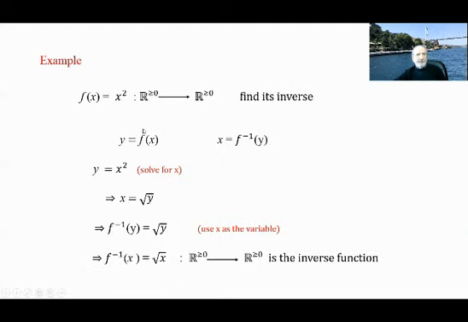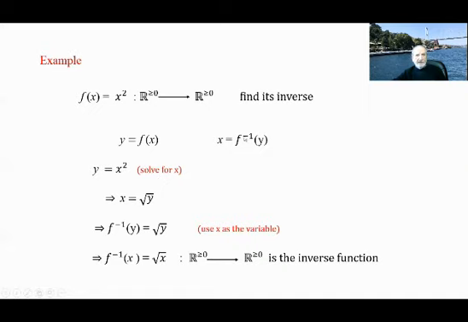Another example, f(x) equals x squared. Again, from the set of non-negative real numbers to the set of non-negative real numbers. Again, y equals f(x) is the same as x equals f minus 1 of y. It's equivalent to that. So we put y equals x squared. Solve for x. x equals square root of y.